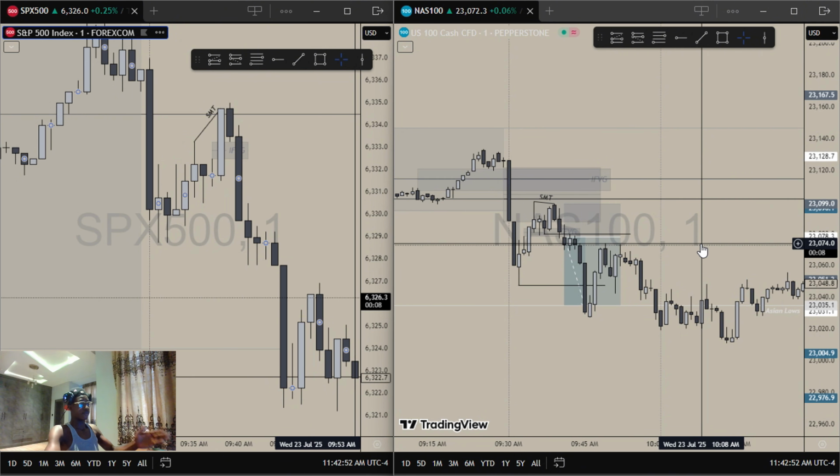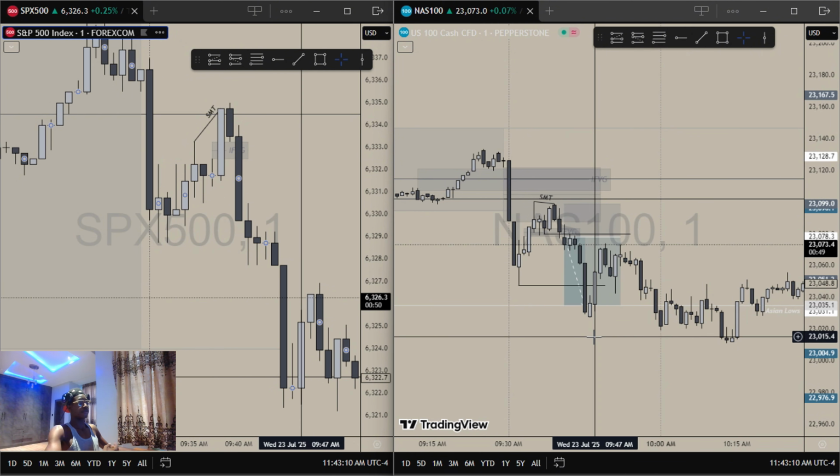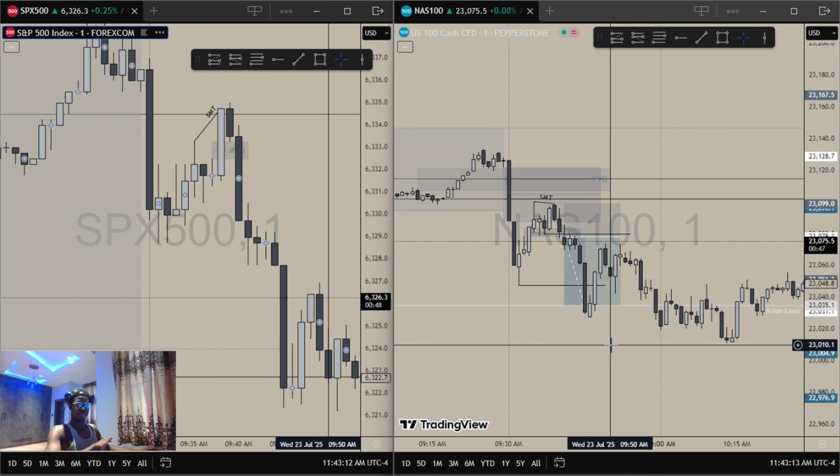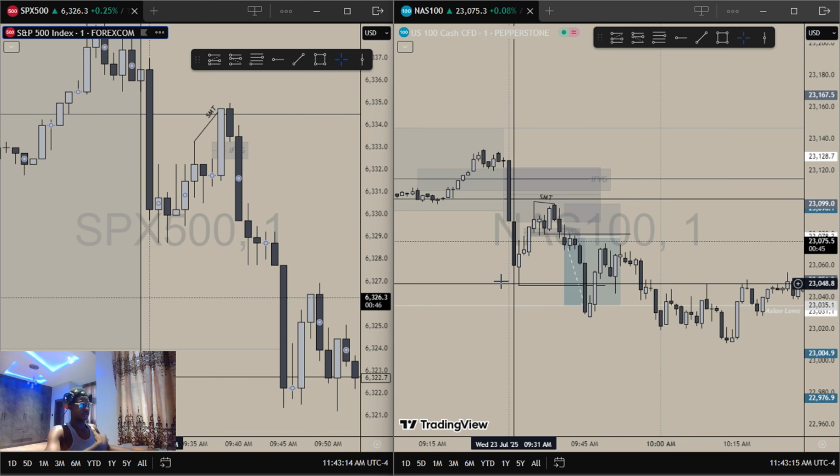Because I knew that if I had lost this trade, I would be angry at myself, because I would say to myself, you saw the bullish SMT, so why did you keep on holding the trade? Because it happened to me previously, and I ended up regretting it. So I've learned from my mistakes. Even if price ended up hitting my TP, it's fine as far as I followed my plan.